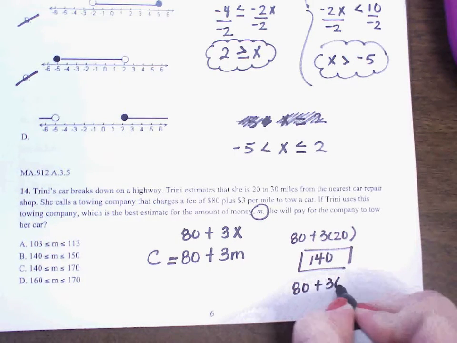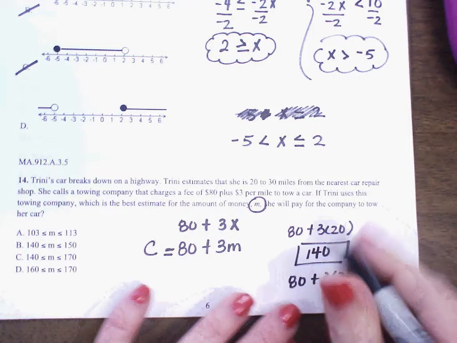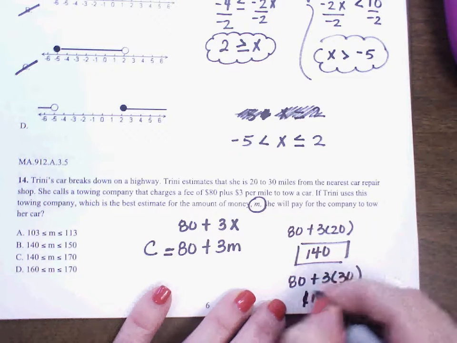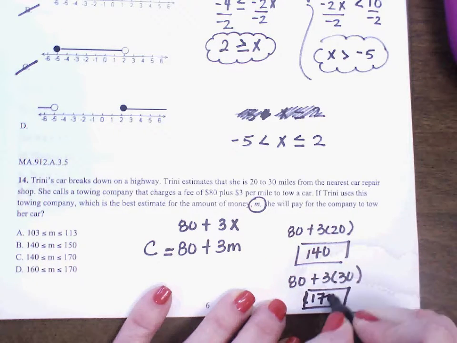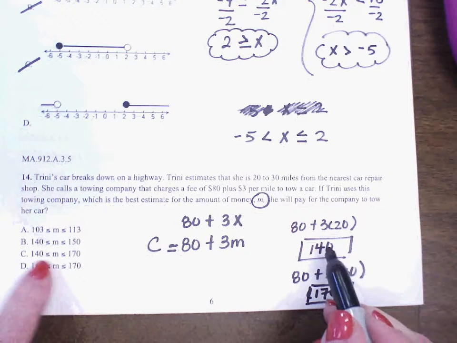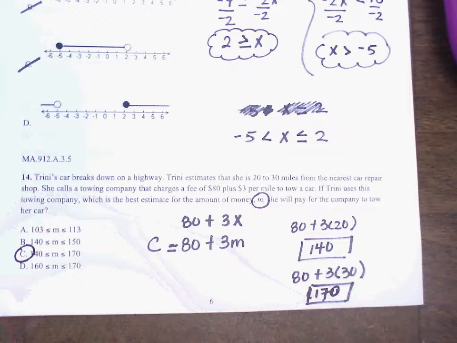And with 30, it would be 170. All right, so the correct answer would be between 140 and 170. So it was letter C.